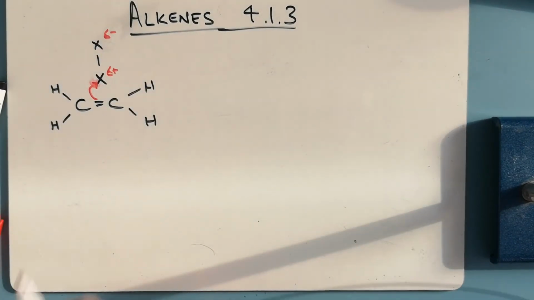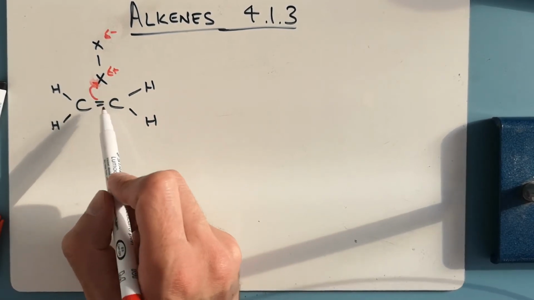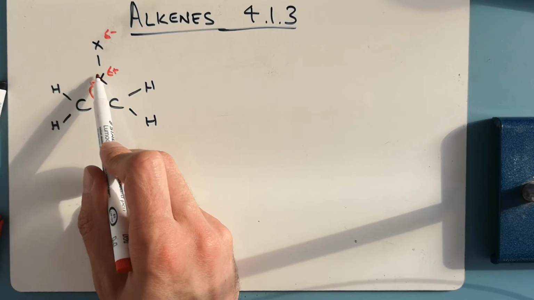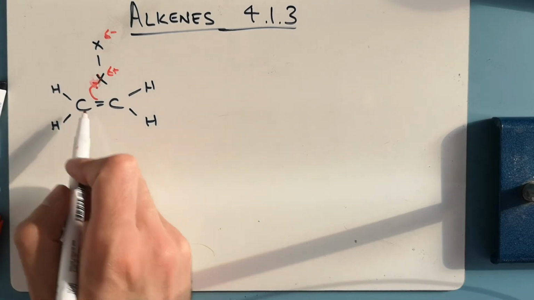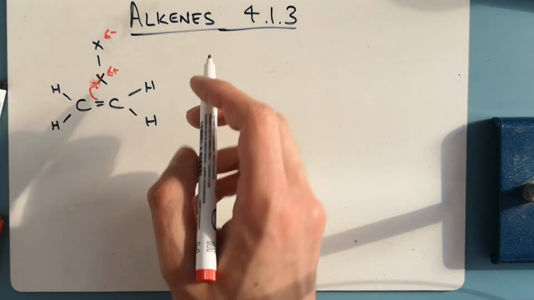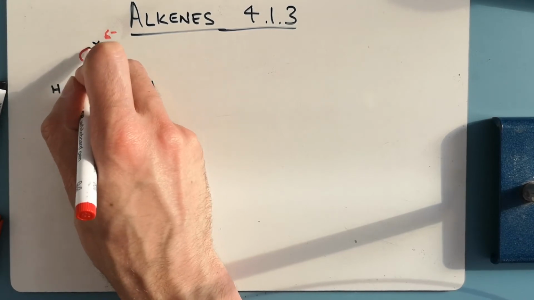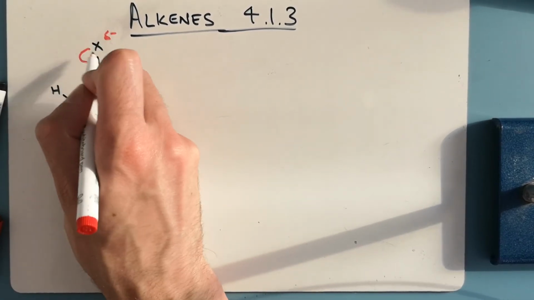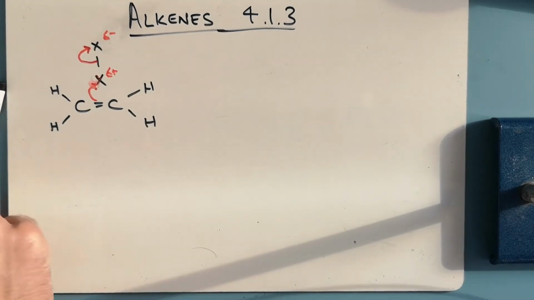And then that weak pi bond breaks, and the electrons are donated into a bond with this lower part, the electron deficient part of this diatomic molecule. So that's going to form a bond with either one of these carbons. Then these electrons, because this now has a bond elsewhere, go off and go into the other part to form an ion.